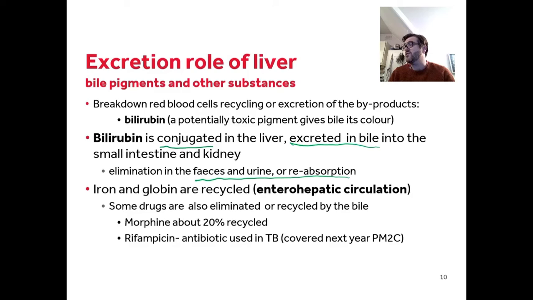That's the excretion into the digestive tract and reabsorption if required. And what's important about this recycling is that some drugs that you'll study later on are also eliminated or recycled by the bile and the gastrointestinal tract. And I'm not going to go into any more detail about them here.